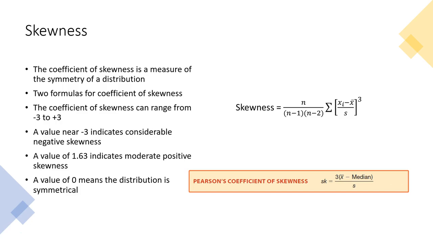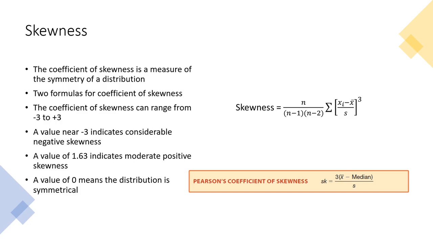Skewness has a value called the coefficient of skewness, and that's the quantifiable value of the measure of the symmetry of the distribution. Professor Karl Pearson developed this simple formula for calculating skewness, which is based on the difference between the mean and the median. But if you look in other textbooks, you can have a calculation for skewness that is not the Pearson coefficient.